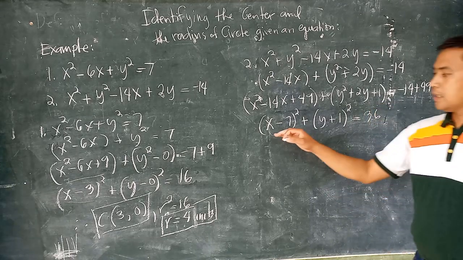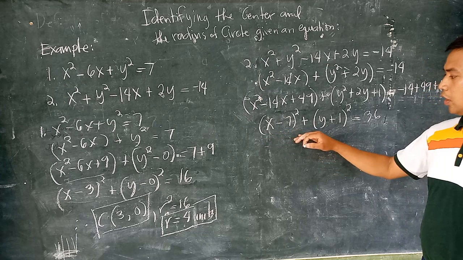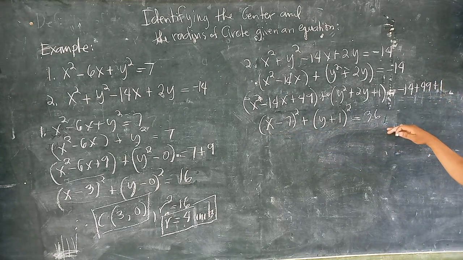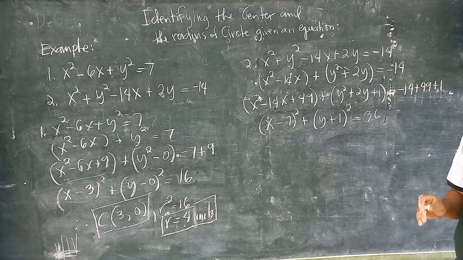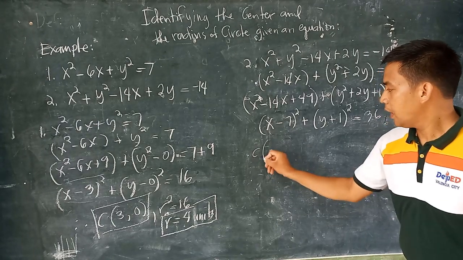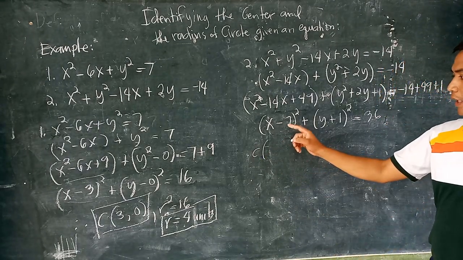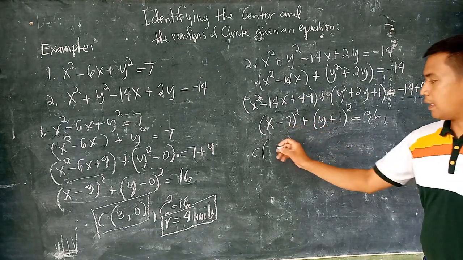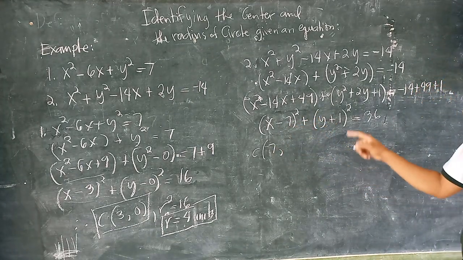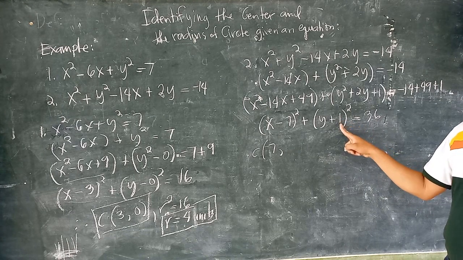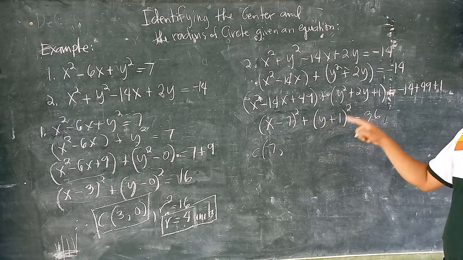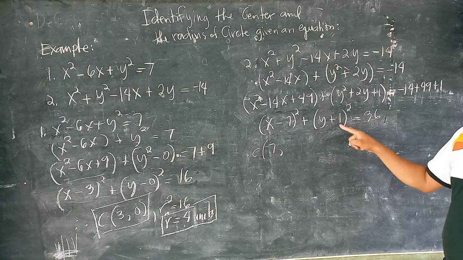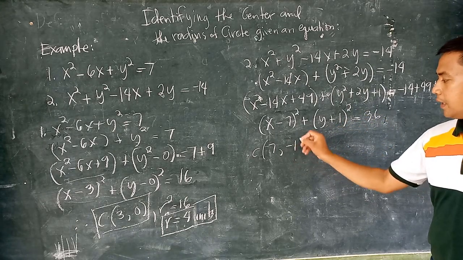So the equation of this circle is now in standard form. Our goal is to get the center and radius, so we get the coordinates (h, k). H is 7. For k, since we have positive 1 and the equation has y minus k, k is negative 1.